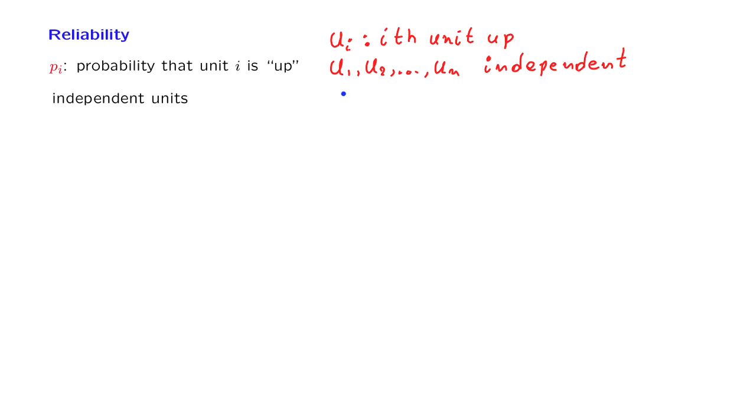Alternatively, we could define events fi, where event fi is the event that the ith unit is down, or that it has failed. And we could assume that the events fi are independent, but we do not really need a separate assumption. As a consequence of the assumption that the ui's are independent, one can argue that the fi's are also independent.